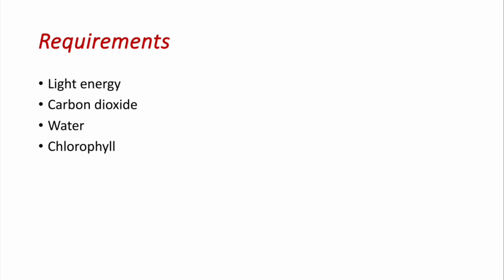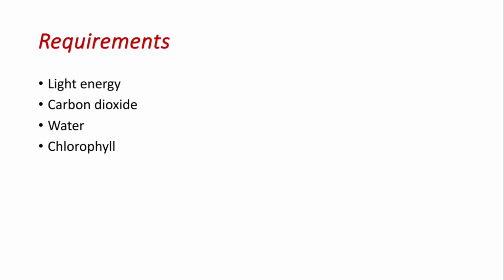Chlorophyll, you should consider it to be more like the kitchen. Chlorophyll is a green pigment where photosynthesis takes place. So what does it do? Chlorophyll simply traps light energy, and it is contained inside the chloroplast. So that is where photosynthesis takes place, inside the chloroplast.